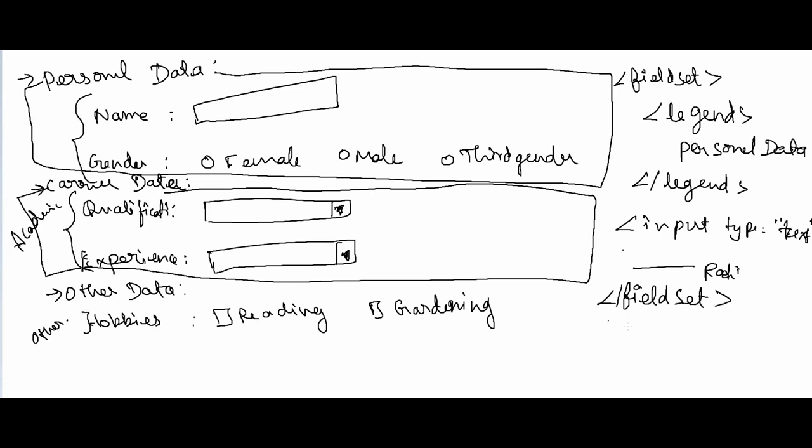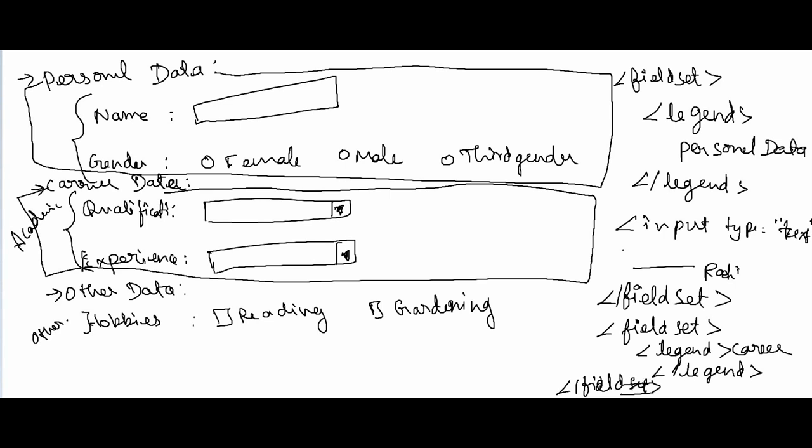For grouping the next set, we want to open the next field set. For that I am going to give career data, so for that legend, career, close legend, then you can go with those two combo boxes, then close the field set. So this is field set and legend.